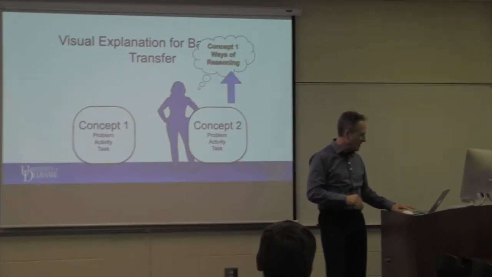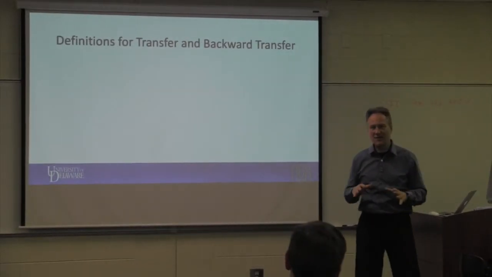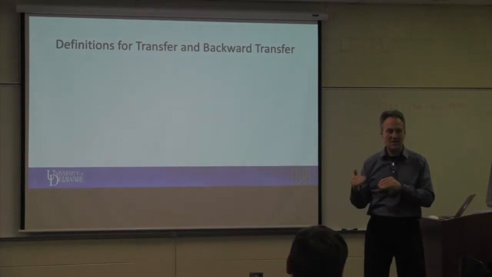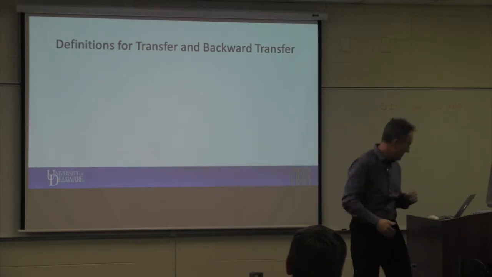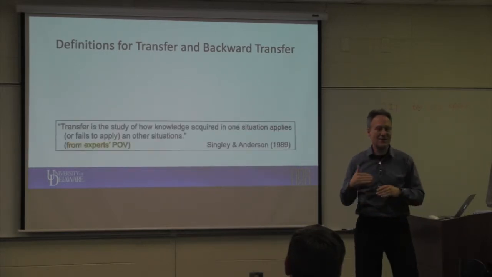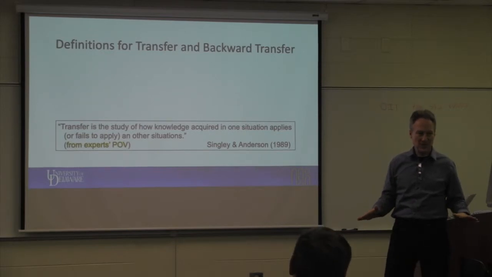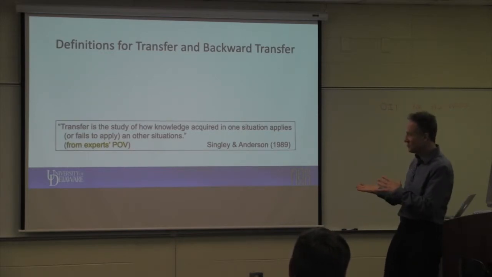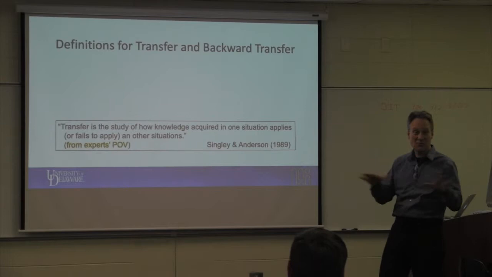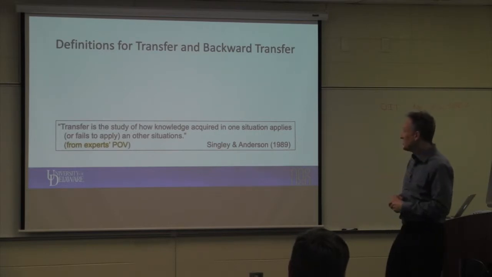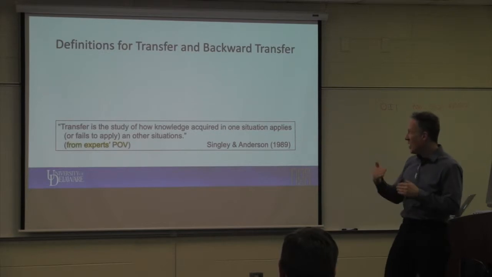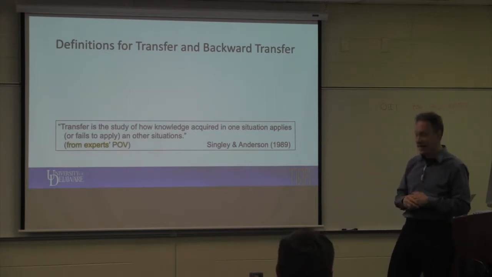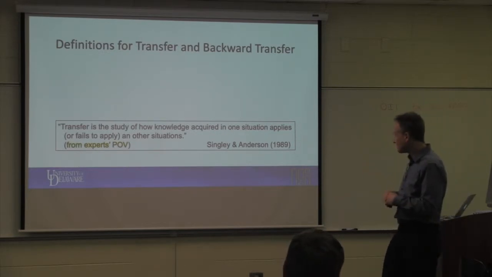Now I'm going to give you a definition of how I think about backward transfer, but I'm going to do it in three stages. I'm going to first give you a couple of definitions that I build from. First, the traditional definition of transfer, the way that transfer is typically defined: transfer is the study of how knowledge acquired in one situation applies or fails to apply to another situation.